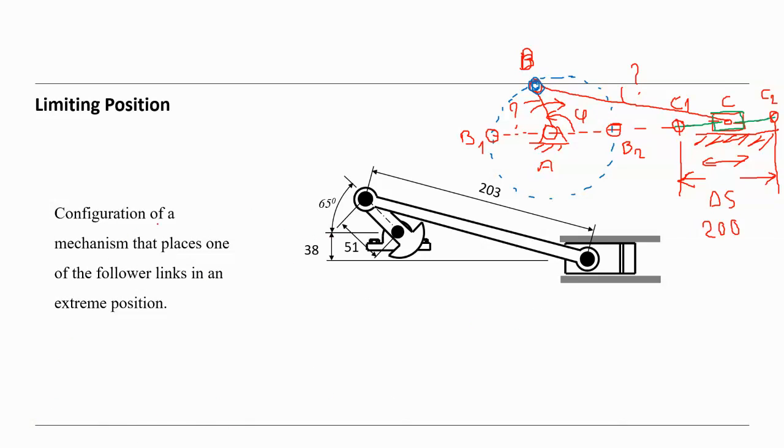So here, the configuration of a mechanism that places the follower link in an extreme position is this. This is not in line. You see, this is not in line. There is a distance here between, and this distance is 38 millimeter.